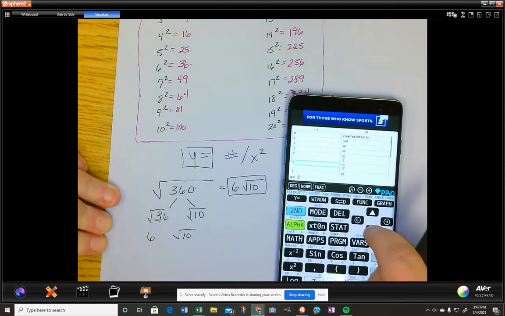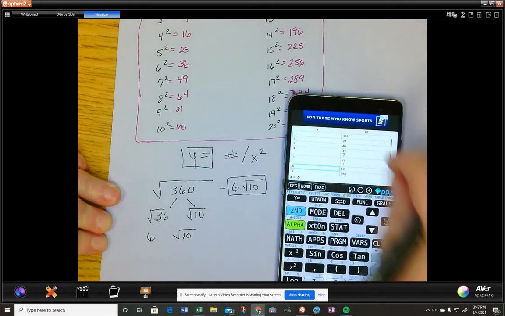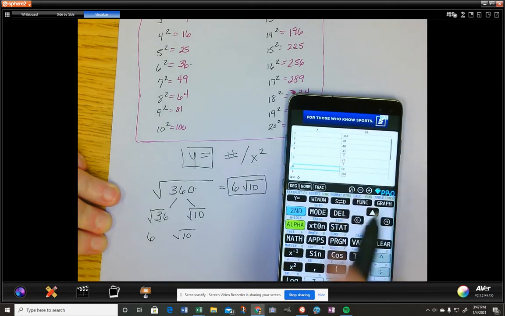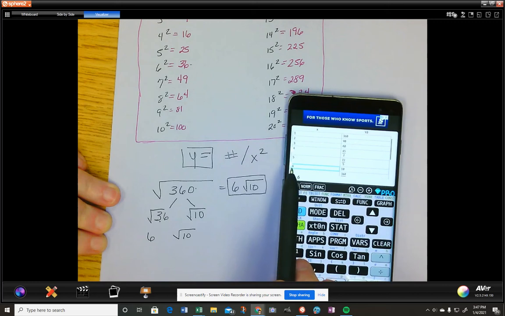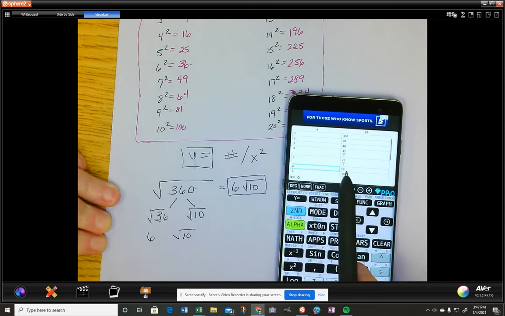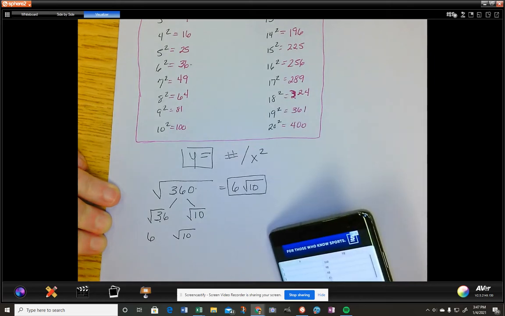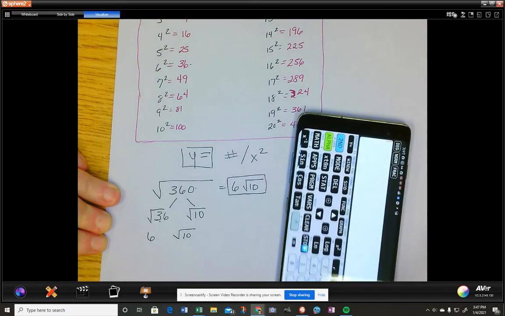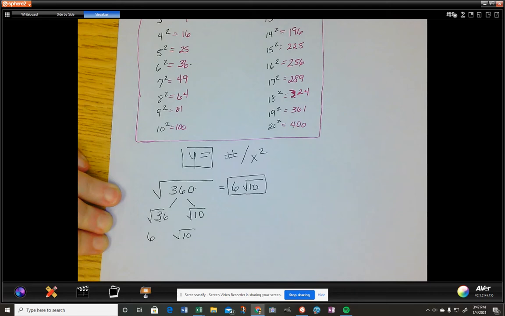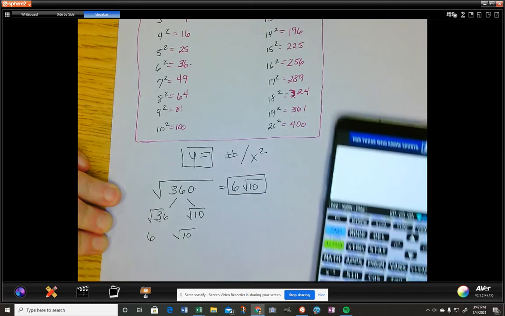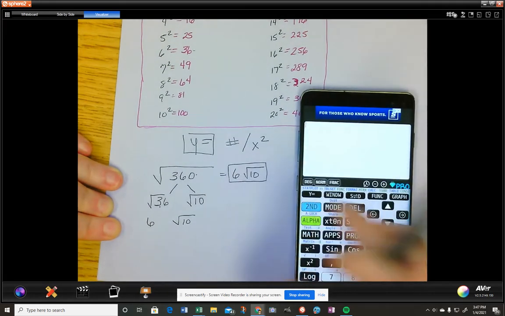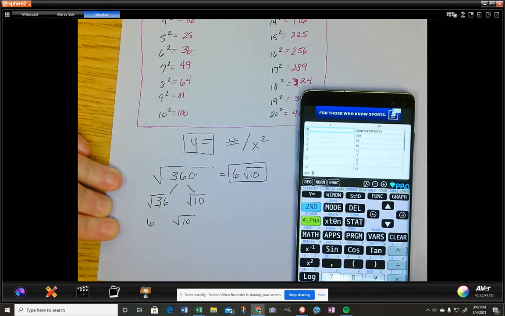And we know it's going to equal 6. There it is. 6 and 10. See, the x column is my outside number. My y column is my inside number. All the others are fractions inside here.